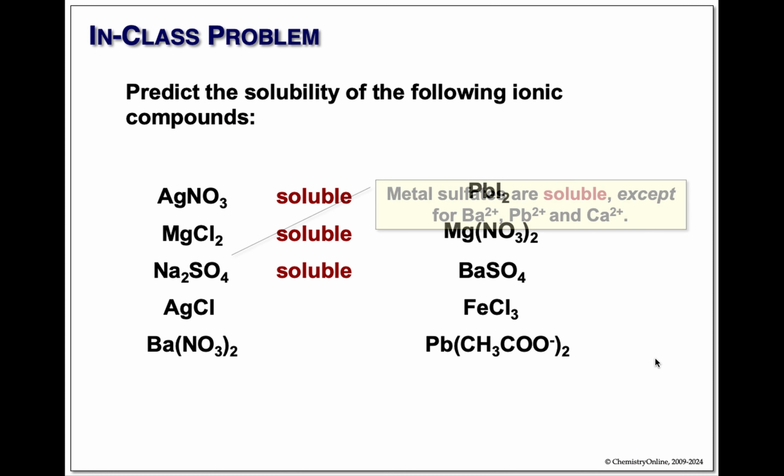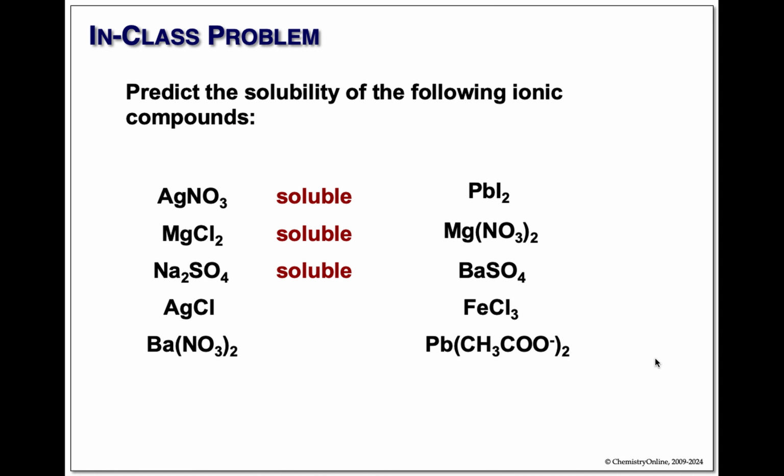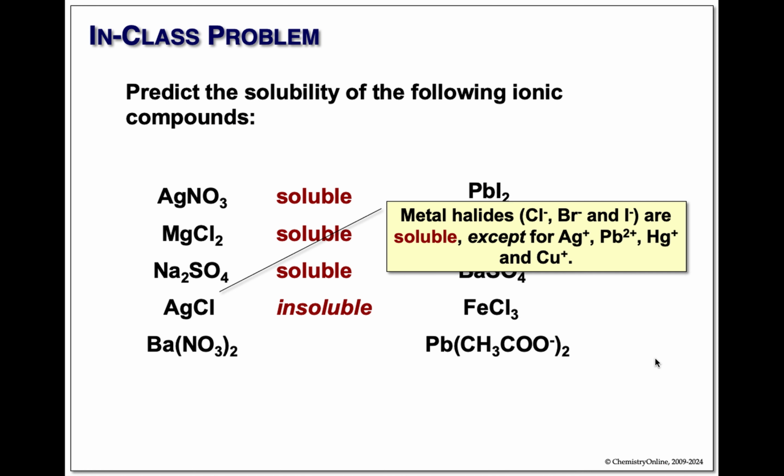Silver chloride, well, there she is. Silver is our heavy metal. The metal halides are mostly soluble, except for those guys, insoluble. Barium nitrate. Well, it's a nitrate.